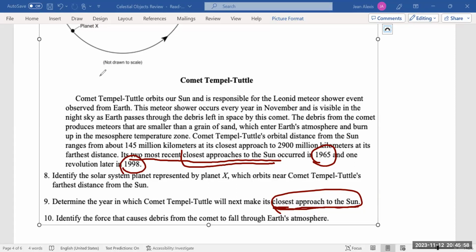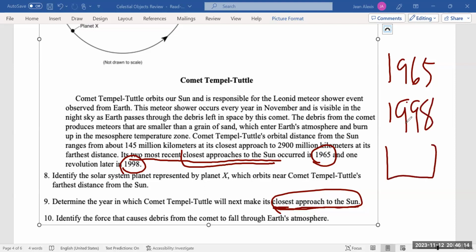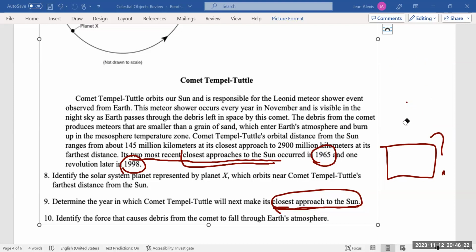And so this pattern must be repeating itself. If the first one occurred in 1965 and the next one occurred in 1988, then I have to find out when the next one will occur. Okay, so what I'm going to do is subtract.